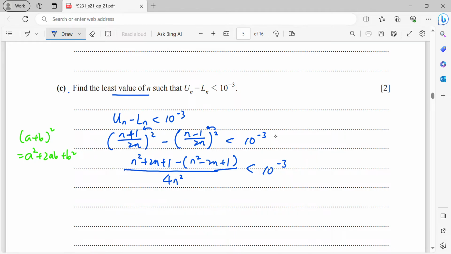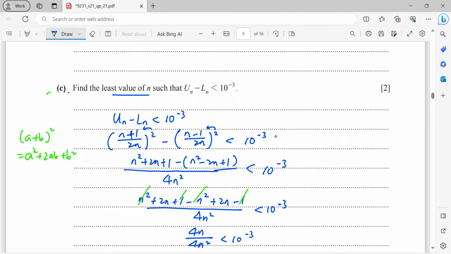When you open the brackets, the numerator is n squared plus 2n plus 1 minus n squared plus 2n minus 1, over 4n squared, less than 10 power negative 3. From here, the n squared is cancelled off, and the 1 is cancelled off. So I will get 4n for the numerator: 4n over 4n squared less than 10 power negative 3.